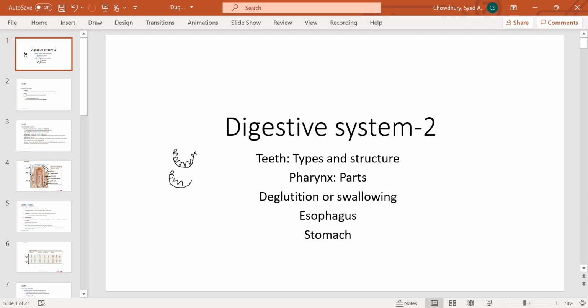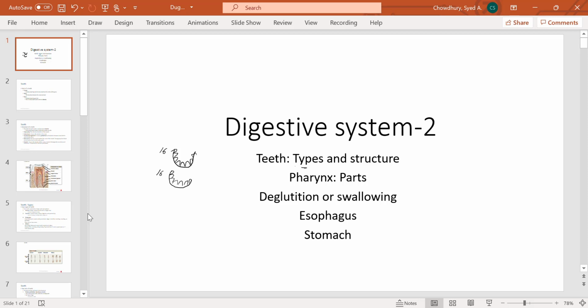So in an adult person there are a total of 32 permanent teeth. That means in each arch you have 16 permanent teeth. So we'll see what those 32 permanent teeth are, because there are different types of teeth.